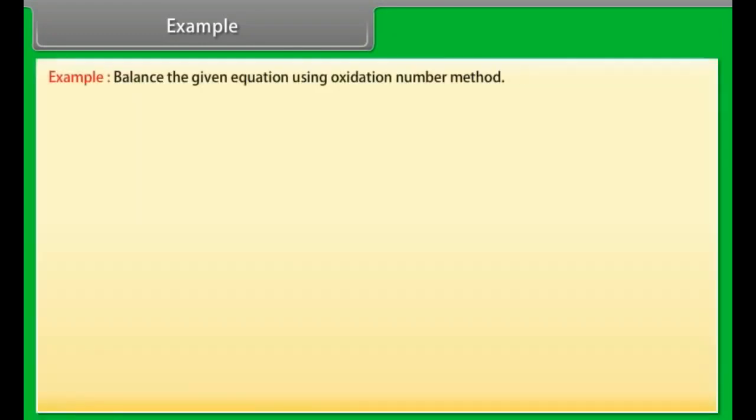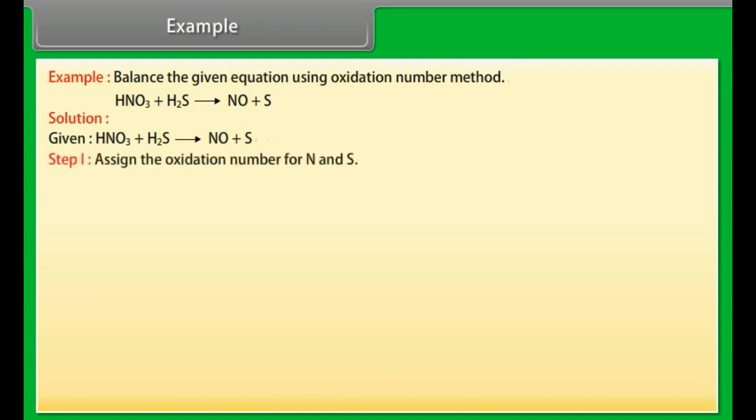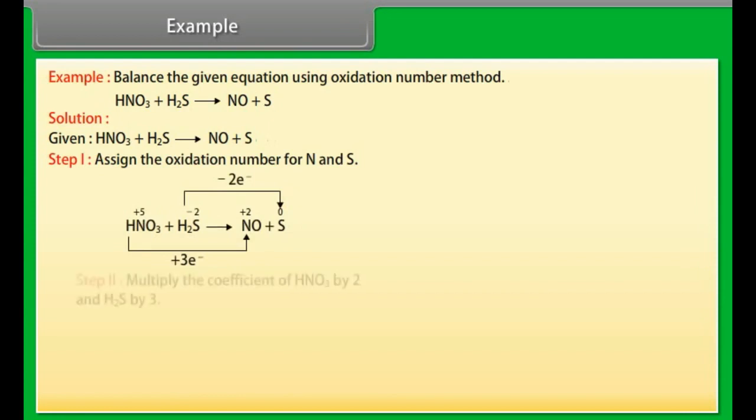Example. Let us take an example of balancing the equations. Balance the given equation using the oxidation number method. Let's see the solution. Here, the given equation is HNO3 plus H2S gives rise to NO plus S. Step 1. Firstly, we assign the oxidation number of N and S. Step 2.